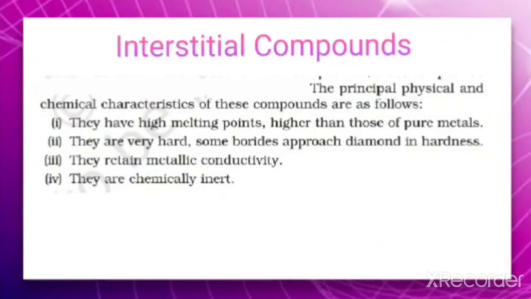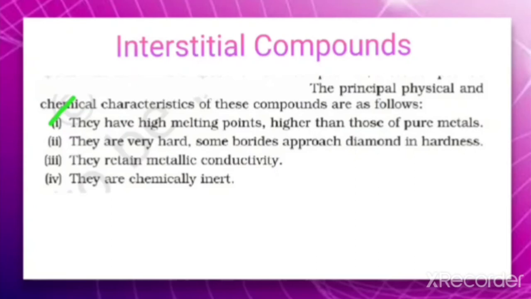The principal physical and chemical characteristics of these compounds are as follows. They have a high melting point, higher than those of the pure metal. So when you compare the melting point of these compounds, it will be higher than that of the metal.